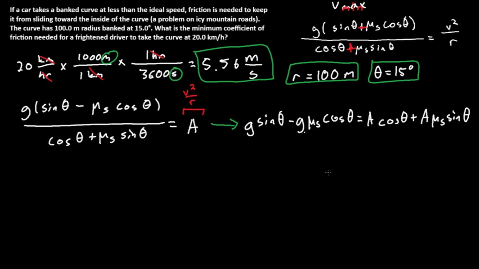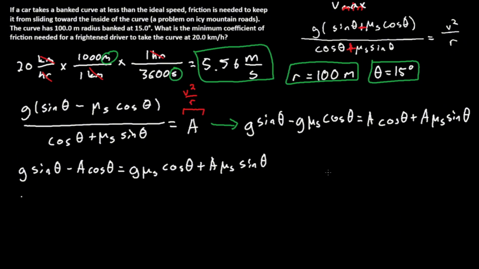Now we can move all the mu terms into one side of the equation to get gravity sine theta minus a cosine theta is equal to gravity mu s cosine theta plus a mu of s sine theta.